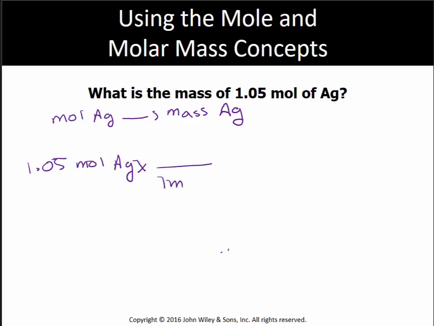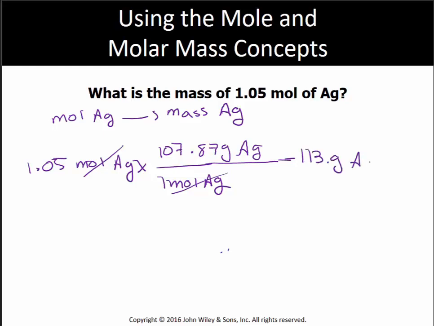And we know that each mole of silver is 107.87 grams of silver. So moles and moles cancel out, and you end up with the mass of silver, which is 113 grams of silver.